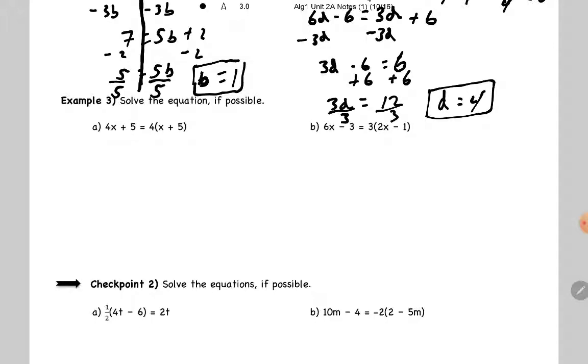Solve the equation if possible. So 4x plus 5, we'll leave that on the right, equals 4 times x, which is 4x, plus 4 times 5, which is 20.